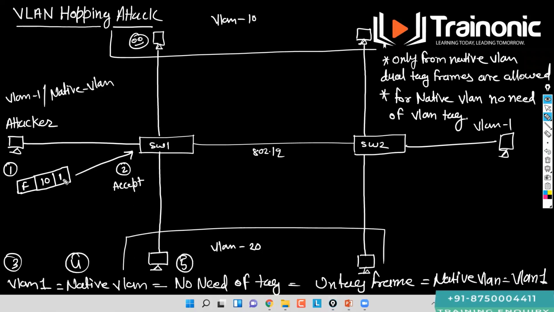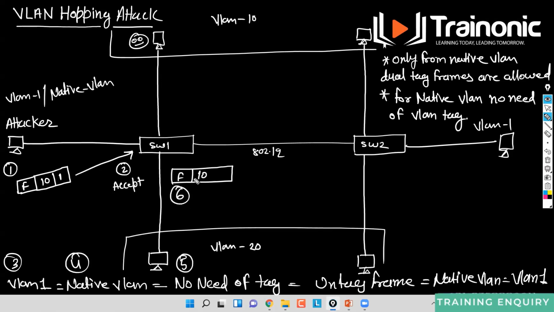Then the switch will remove the first tag. The frame has tag 10 and 1. For the native VLAN there is no need of a tag, so the switch will remove the first tag.